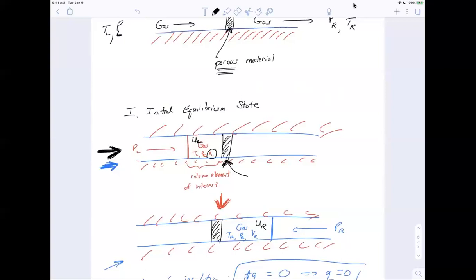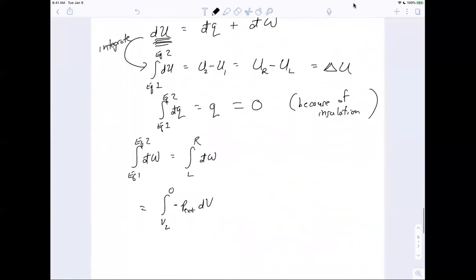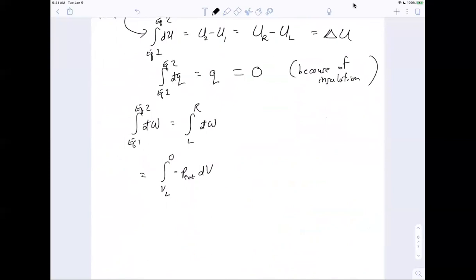There's going to be nothing left on the left. Right, so that's the first part of that process where the gas disappears from the left side. And as it disappears from the left side, it's going to appear on the right side. Sorry, what I left out here is that there's going to be a P external for the left side.